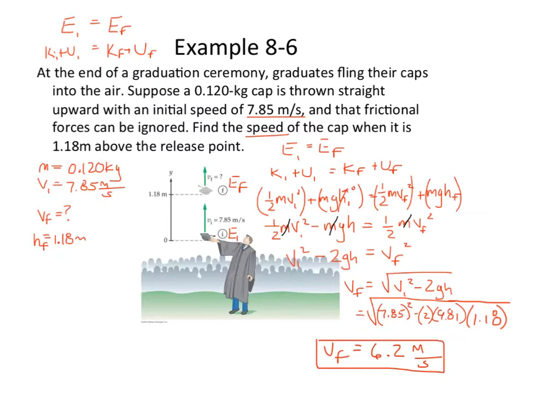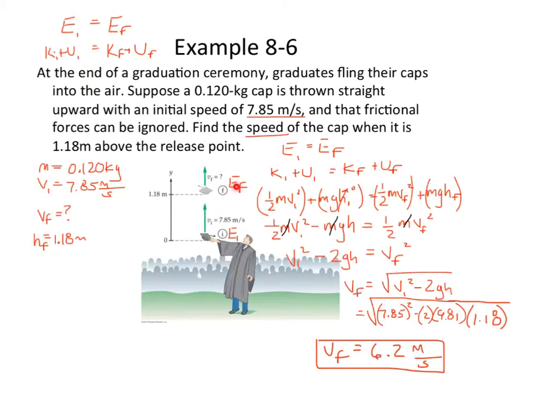Well, as this graduation cap is going up, it's increasing in potential energy, which means it's decreasing in kinetic energy. That's indicated by the fact that it has a slower final velocity than it did originally right here. So some of that kinetic energy was turned into potential energy that it has more of at this higher height. All right, so that's a good first example of the conservation of energy.